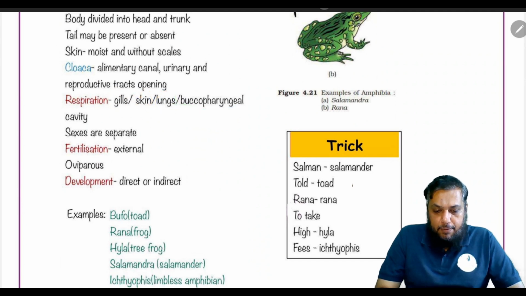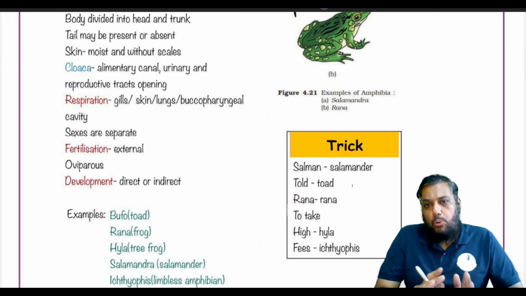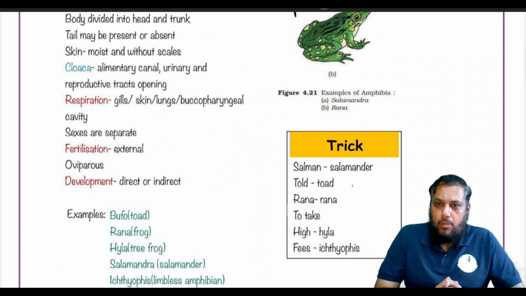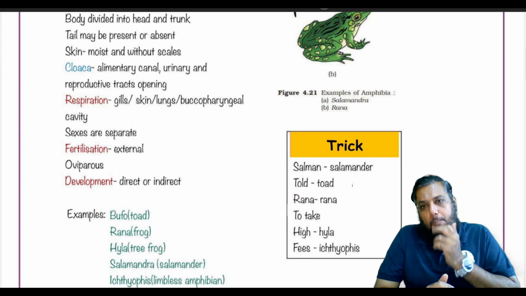Okay, so they have different types of respiratory organs as they are adapted to dual life. They can respire both on land as well as in water. So we will not say superficially that, like the crocodile, they can live on both land and water.